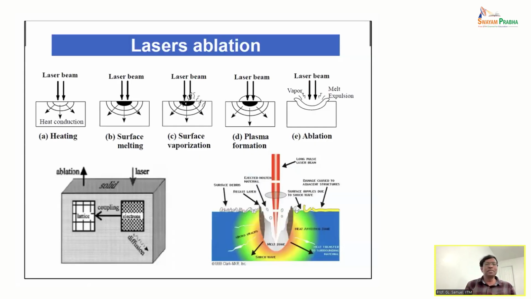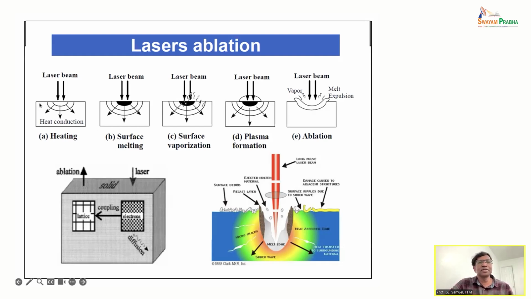That is basically called laser ablation. Yesterday, I think I mentioned the term laser ablation, but we have not told you how exactly it happens. So now you can look here.